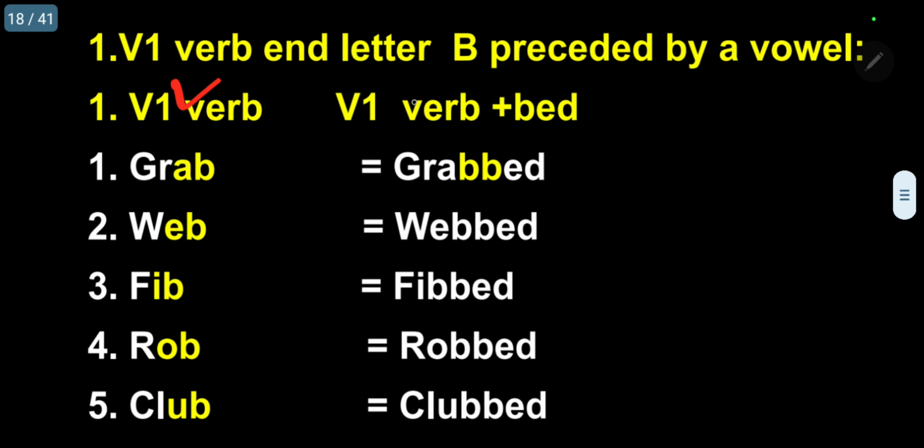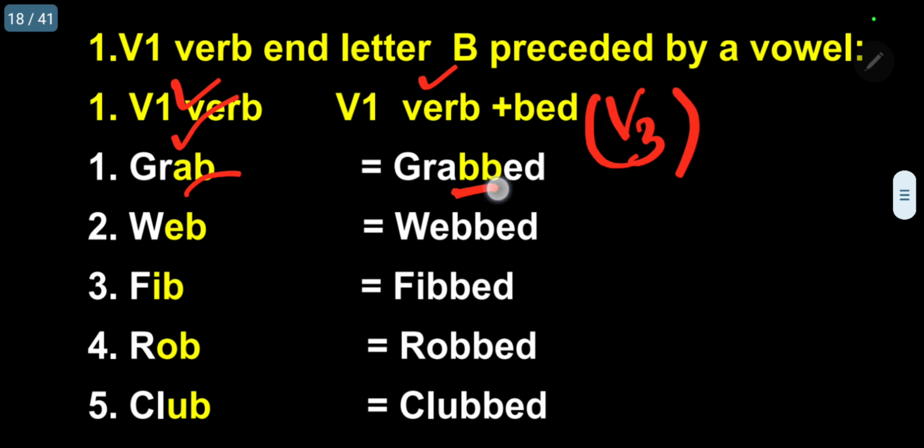V1 verb plus BED, that means I can say it is nothing but the V3 verb. So crab, please follow. B ending, vowel A. So double B, the ending letter is again added with ed.